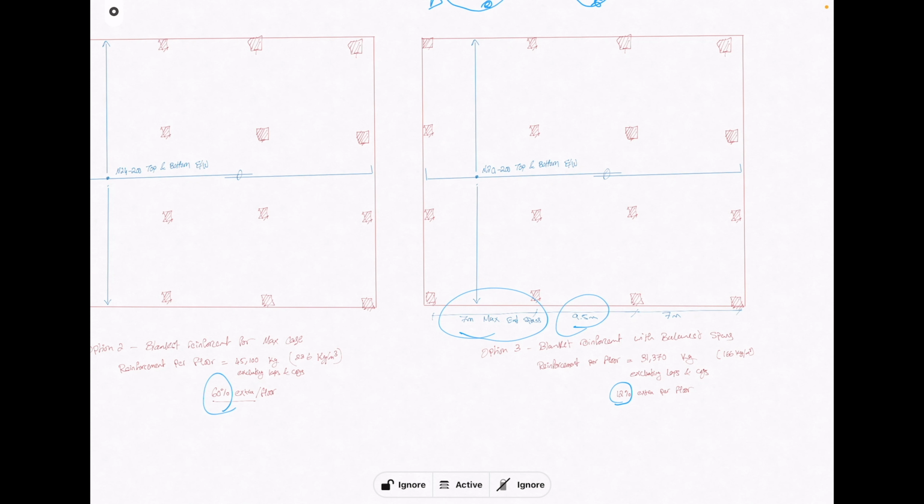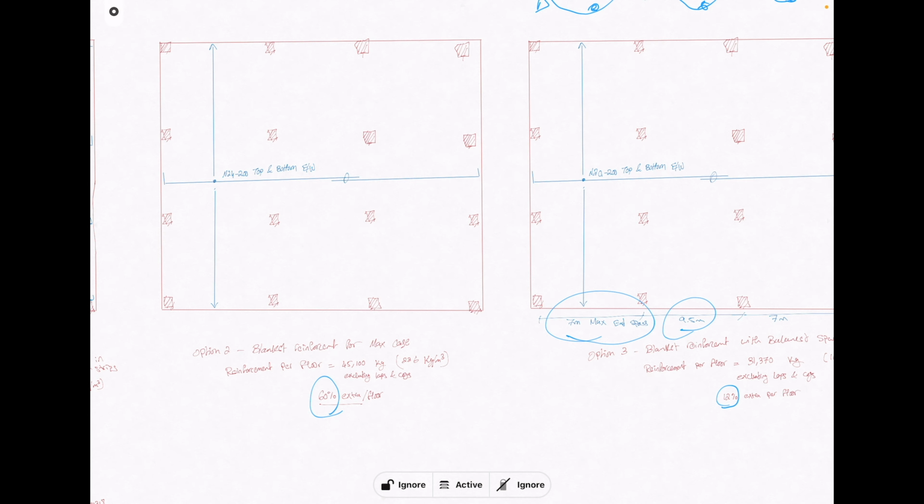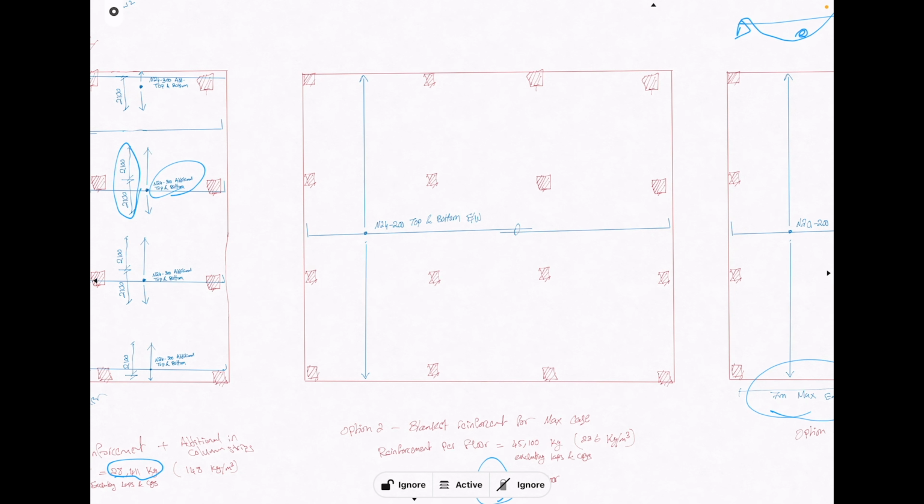But to achieve that, I have to change the concept. I have to position my columns in a more efficient way. Now, in a smaller building where it's only 1 or 2 floors, most of the time as an engineer you don't have the freedom to move the columns a lot because the architectural design is actually more important.